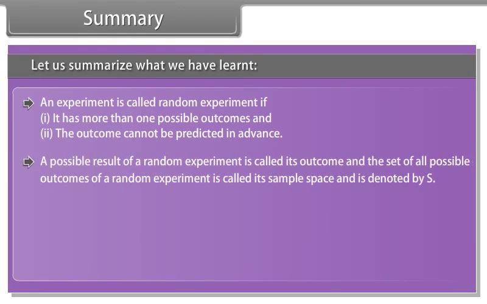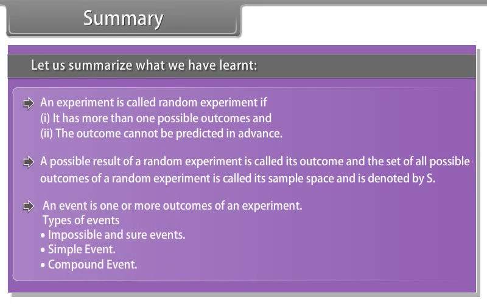A possible result of a random experiment is called its outcome, and the set of all possible outcomes of a random experiment is called its sample space and is denoted by S. An event is one or more outcomes of an experiment. Types of events. 1. Impossible and sure events. 2. Simple event. 3. Compound event.